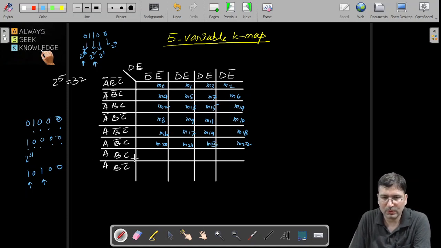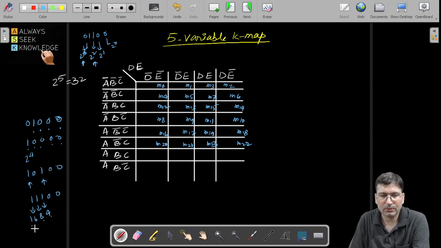Now this is 1 1 1 0 0. So it is 16, 2 to the power 4, it is 8, it is 4. Now 16 plus 8 plus 4 will give you 28. So this is M28, M29, M30, M31, right?